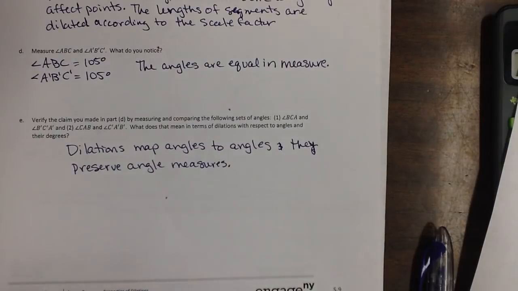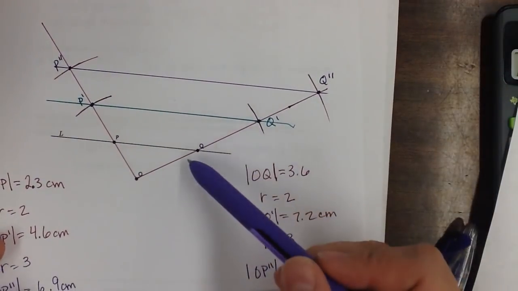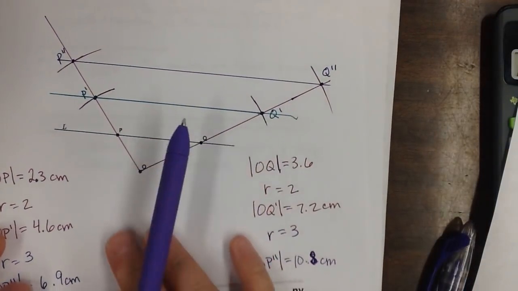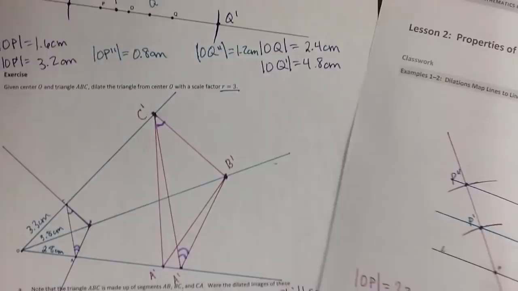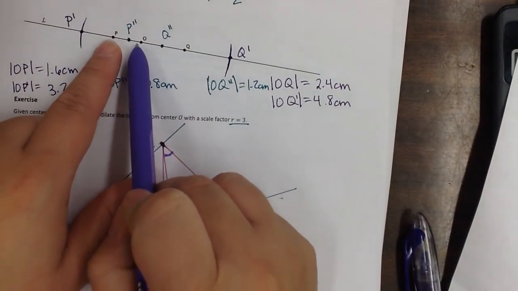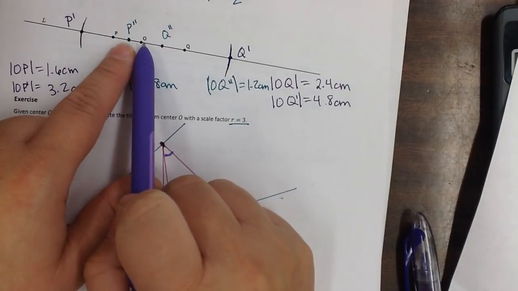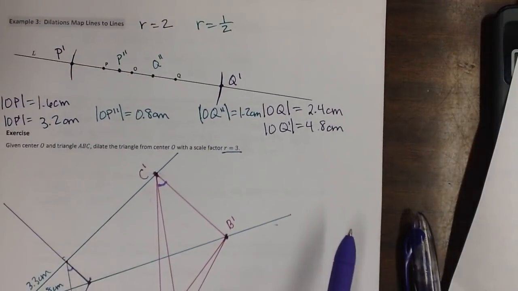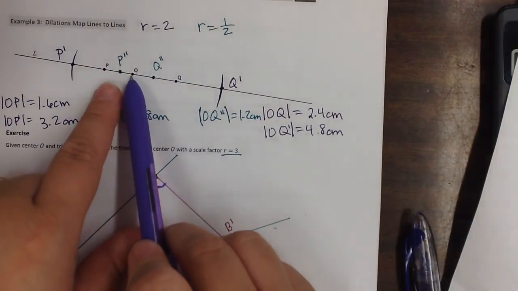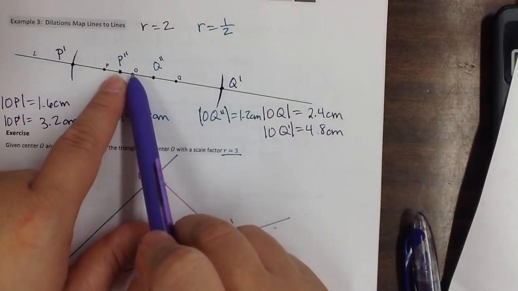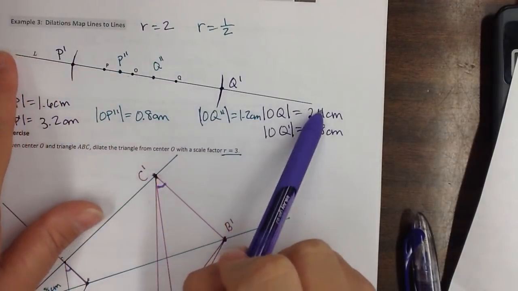Okay, so we went through and we saw a couple different things. Dilations map lines to lines. That's what we also saw here. And they map segments to segments. And when our scale factor is greater than 1, the points move away from the center.